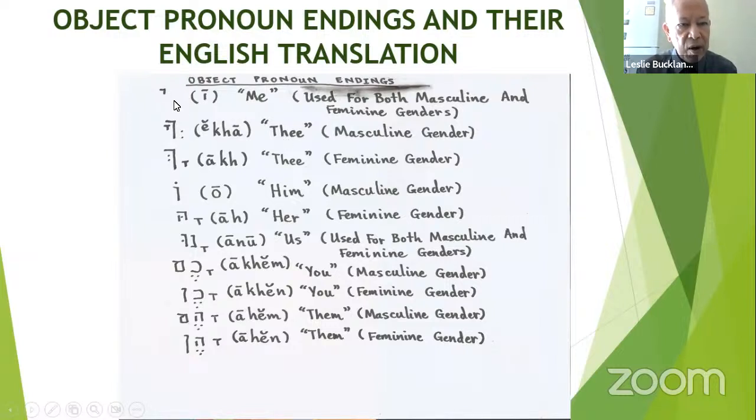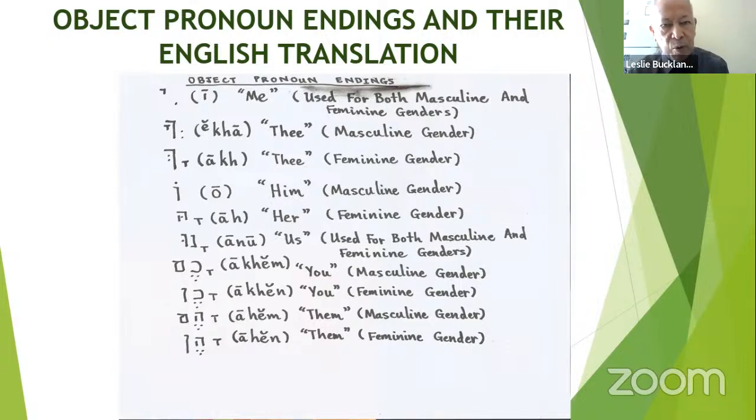So you have the long hirik consisting of the yod and this dot, and it is the long I, pronounced E, but instead of it being translated as my, which is what it is translated as in the possessive pronoun ending, it is translated as me.